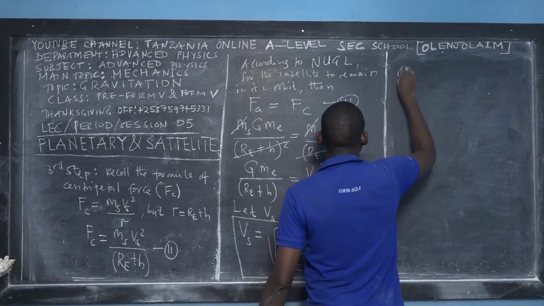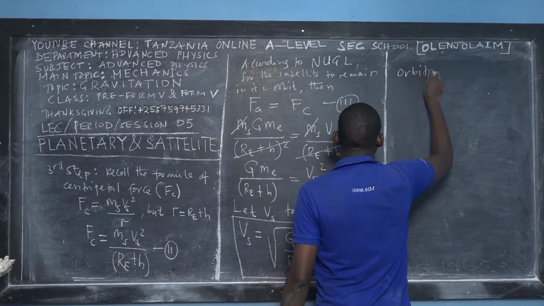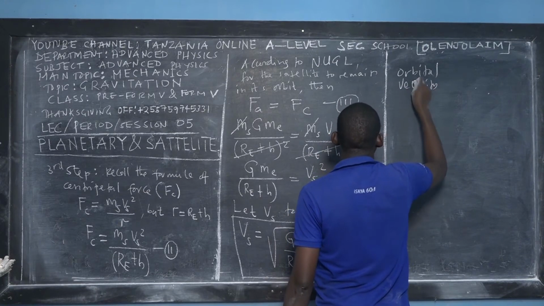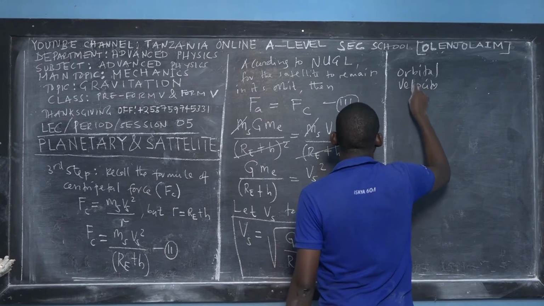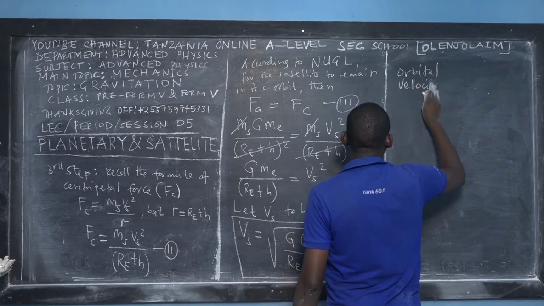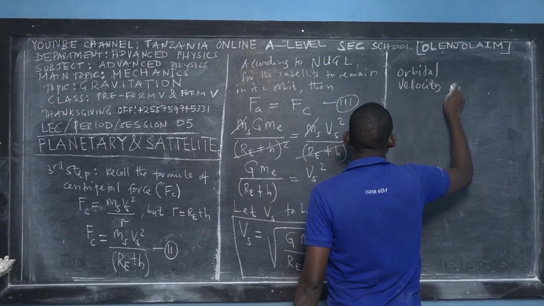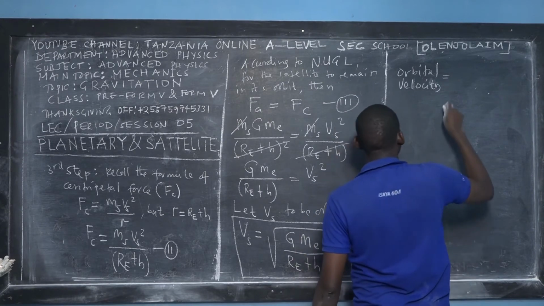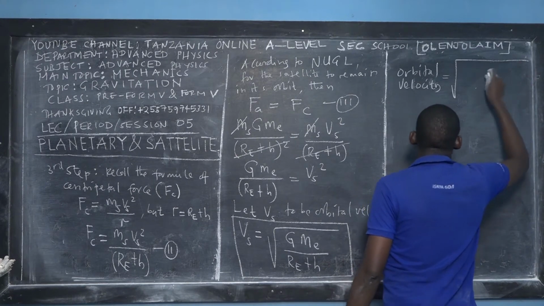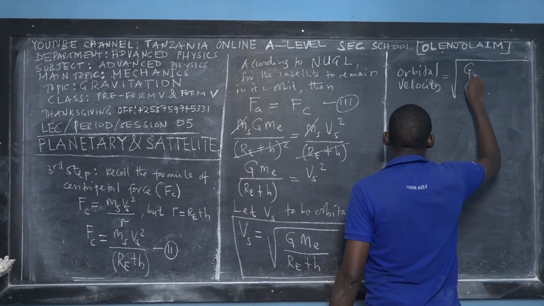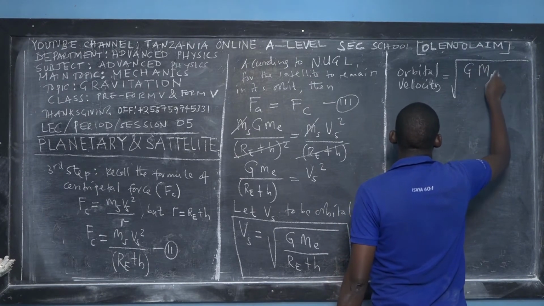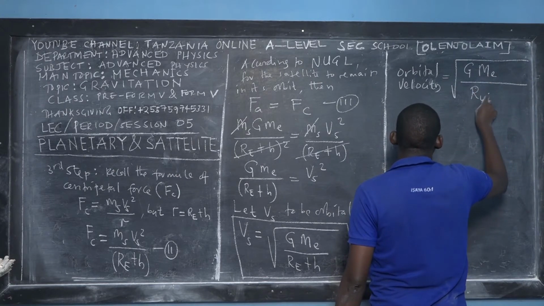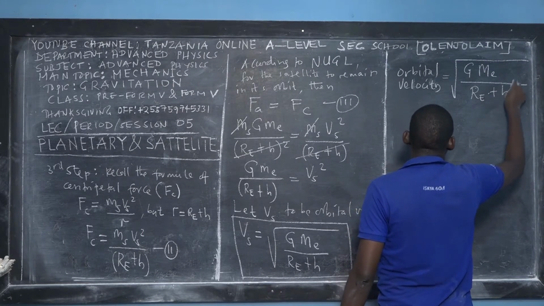To clarify this concept, the orbital velocity of the satellite is equal to the square root of the universal gravitational constant times the mass of the Earth, divided by the radius of the Earth plus the height.